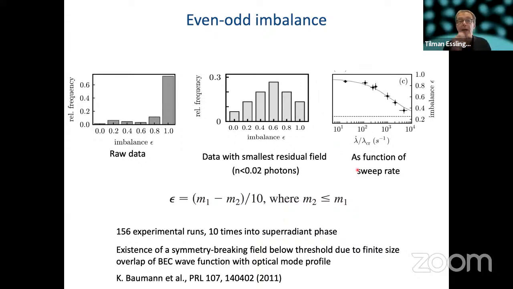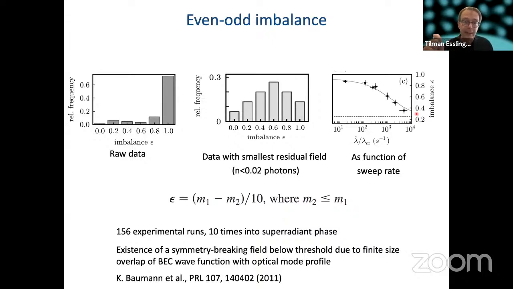If we go fast in and out of the phase, in a Kibble-Zurek manner, we would create a lot of defects. And the faster we go, the better is the balance between even and odd, which makes total sense.